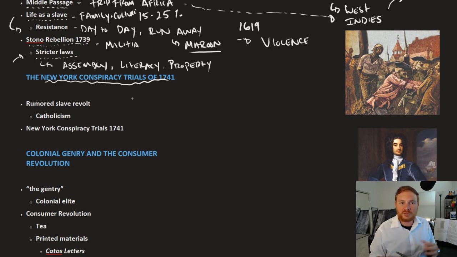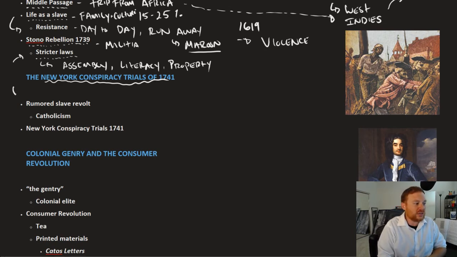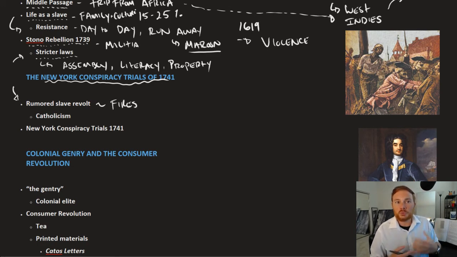So you did have at least enough slaves living there that it gave the white population in New York fear that there might be a rumored slave revolt. And this really began to stir up when a series of fires broke out. And the rumor was that Roman Catholic missionaries were encouraging a slave revolt.